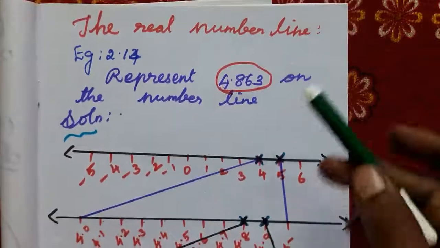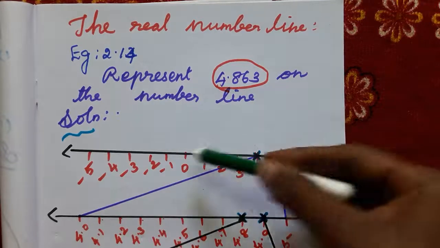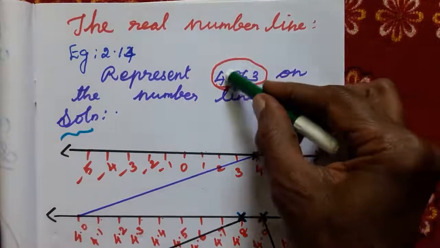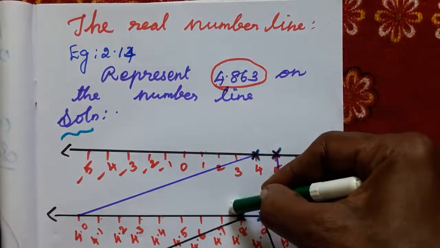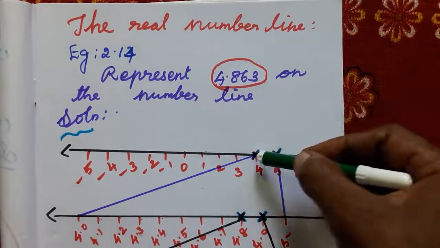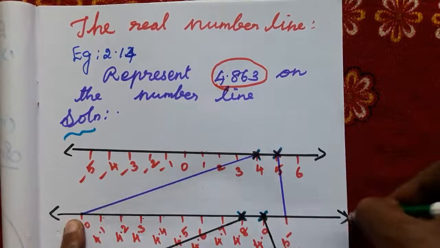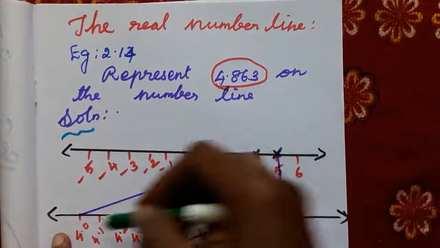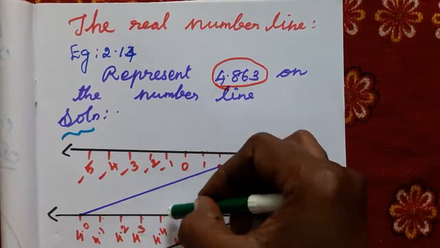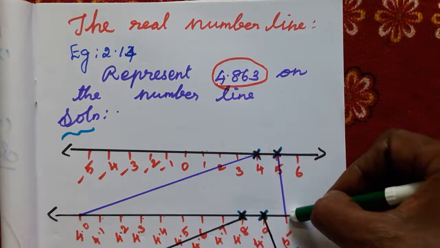First, what do you have to do? Draw an ordinary number line: 0, 1, 2, 3, 4, 5, 6, and the negative numbers. 4.863 is between 4 and 5, so we mark 4 and 5. Then again a number line from 4 to 5: 4.1, 4.2, 4.3, 4.4, 4.5, 4.6, 4.7, 4.8, 4.9, 5.